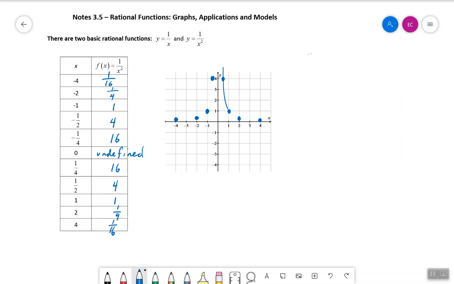There are two sections to the graph, just like there were for the graph of 1 over x. The reason is because of the discontinuity at x equals 0. Notice at the left end of the graph and also at the right end of the graph, it levels out to 0.